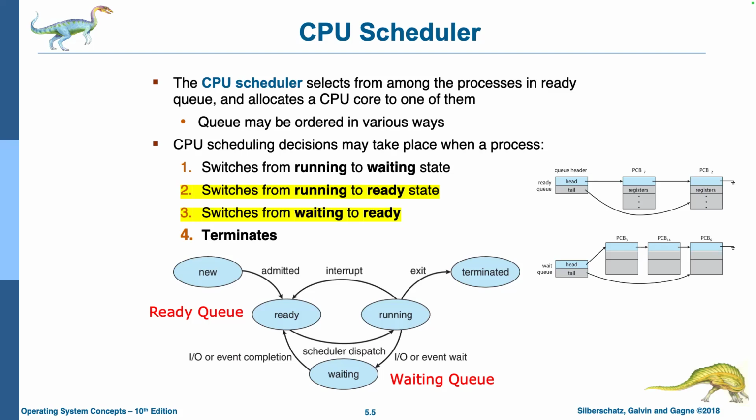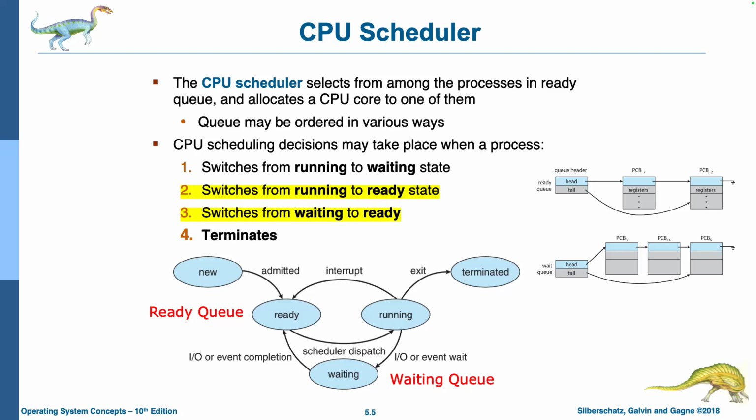So where can we do the CPU scheduling? Which of these can do CPU scheduling? Okay, how about terminate? Why would we schedule terminate? The running process finishes and terminates. There's nothing we can do.